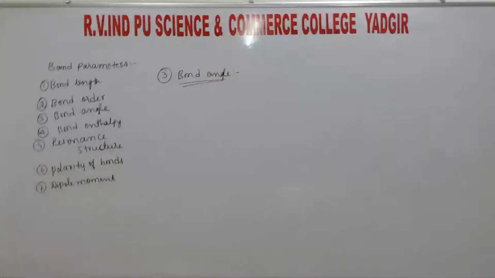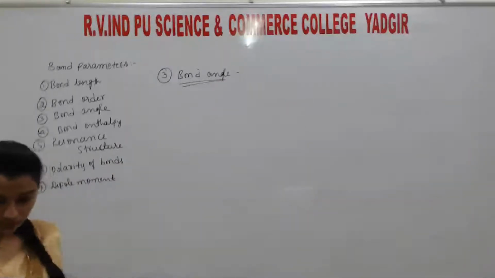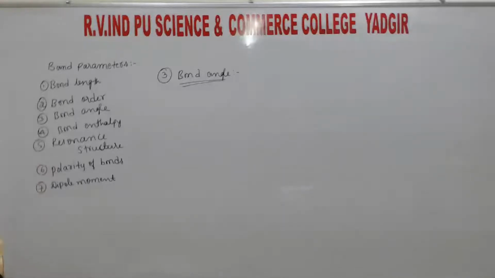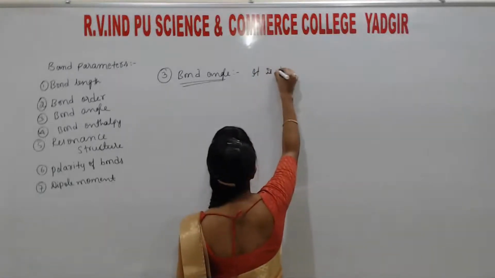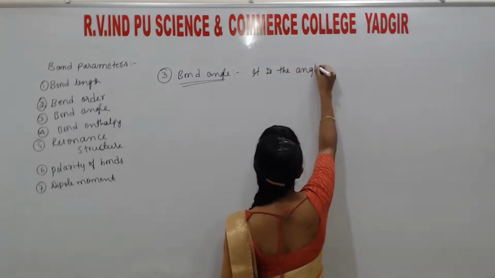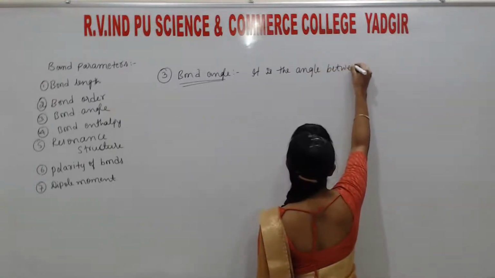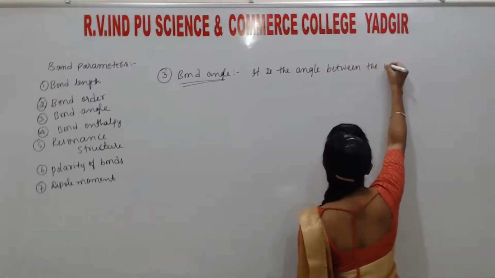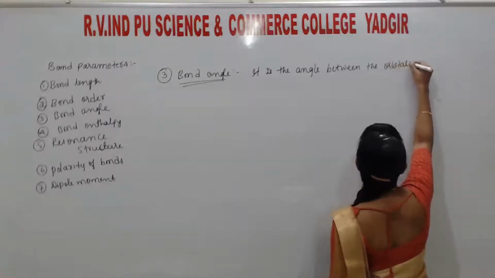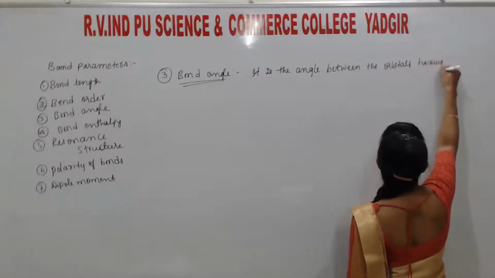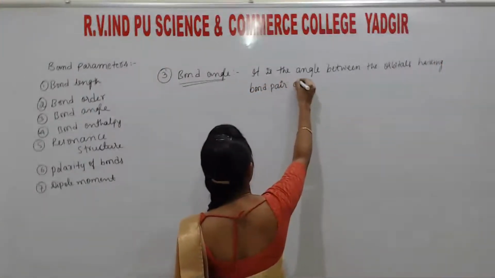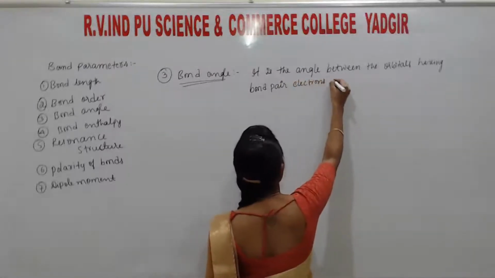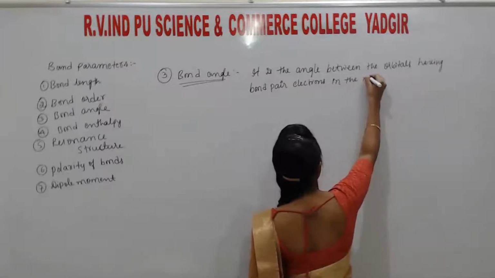Okay, so the next one is bond angle. It is the angle between the orbitals having bond pair electrons in the molecule.